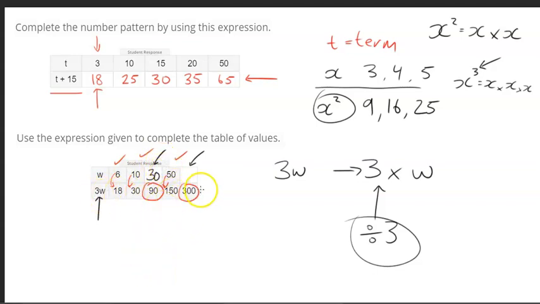So this has to work. 300, some number times 3 will give me 300. Well, just work out the inverse. This is divided by 3. This has to be 100. So 100 times 3 gives me 300. So these two terms have to work for this particular rule. That's it. That's all there is to it.